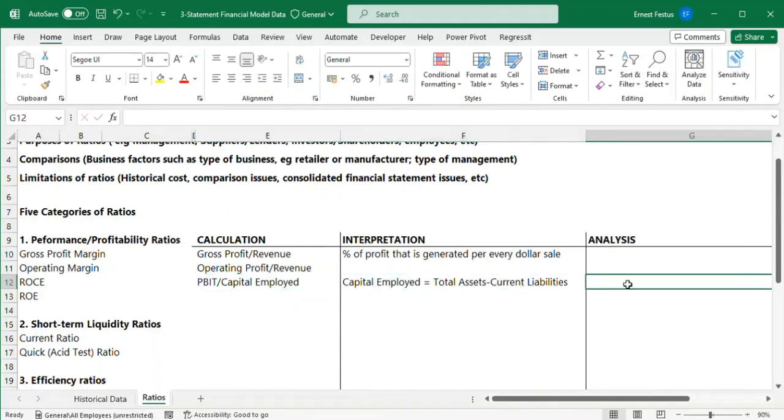We analyze it by looking at our investment issues. So, for example, if there's an investment in new plant equipment, for instance, and it is funded by equity or debt, this will increase the capital base of the firm.